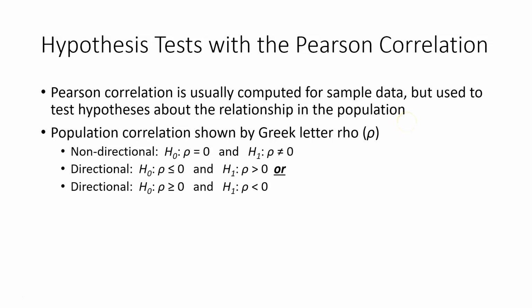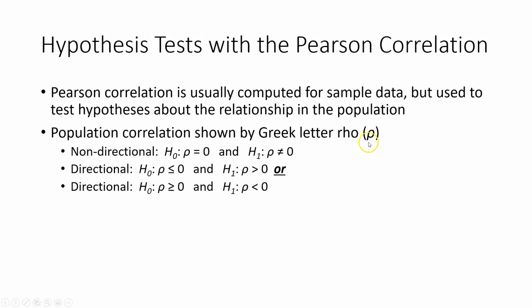And so when we gather a sample and we compute an R on that sample data, what we're trying to do is say if there is or isn't a relationship between these two variables in the population. Now, a population correlation coefficient isn't indicated by the letter R. It's shown by the Greek letter rho, or this italicized P-looking thing. But this is pronounced rho.